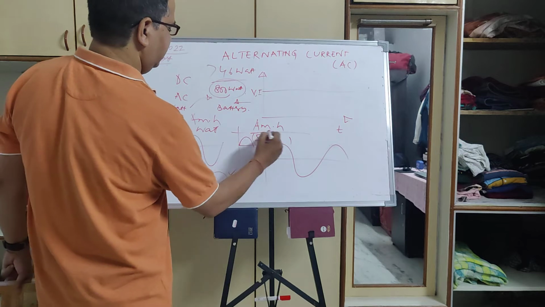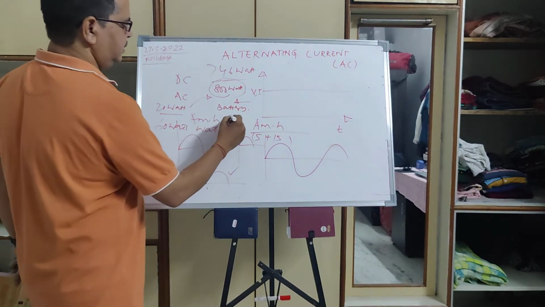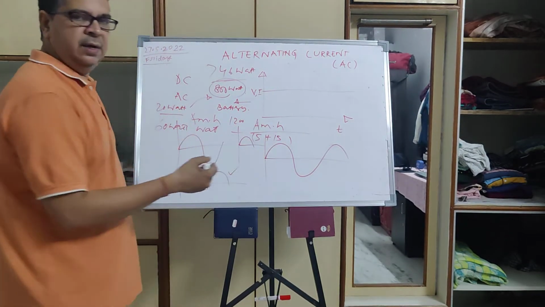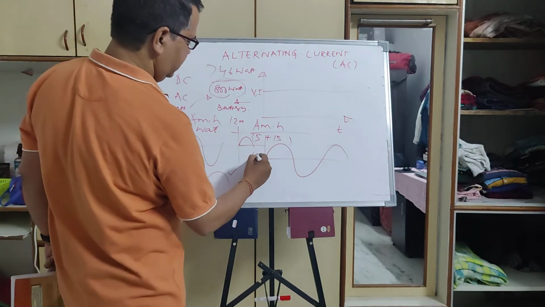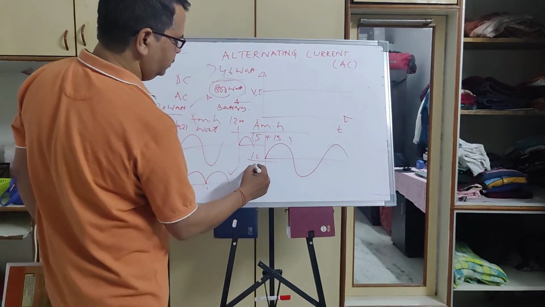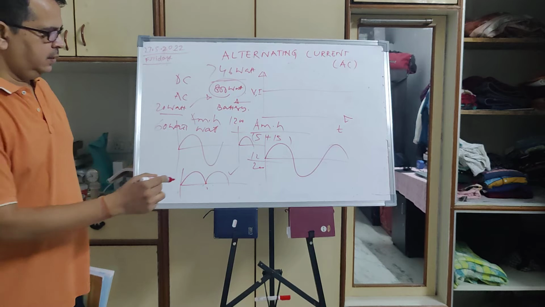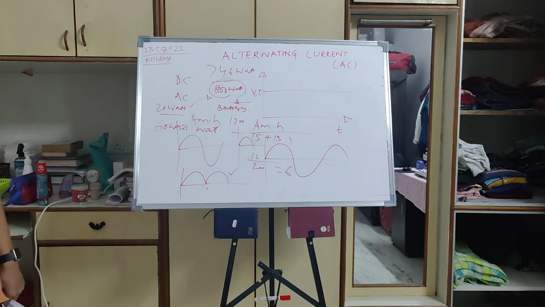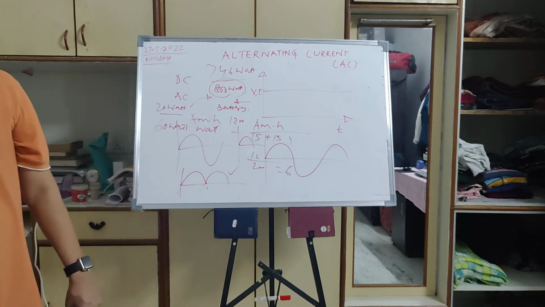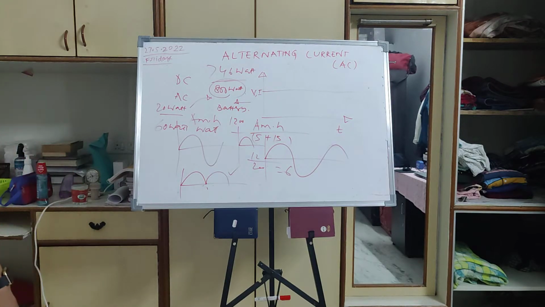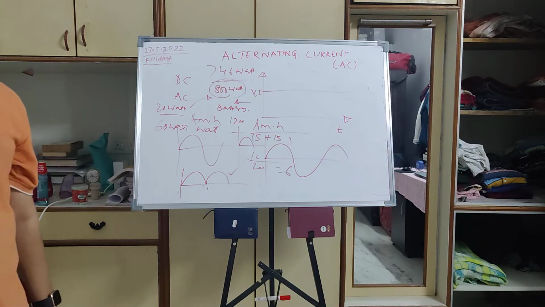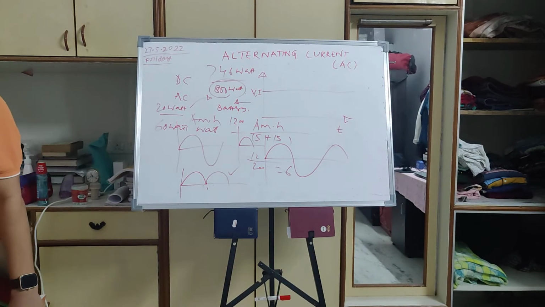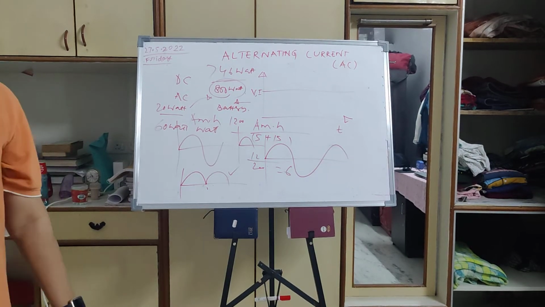Let us say my battery is 1200 ampere hour, and my house, with all items combined together, has some 200 ampere. So 1200 divided by 200 means it will last for 6 hours. That is the battery capacity.